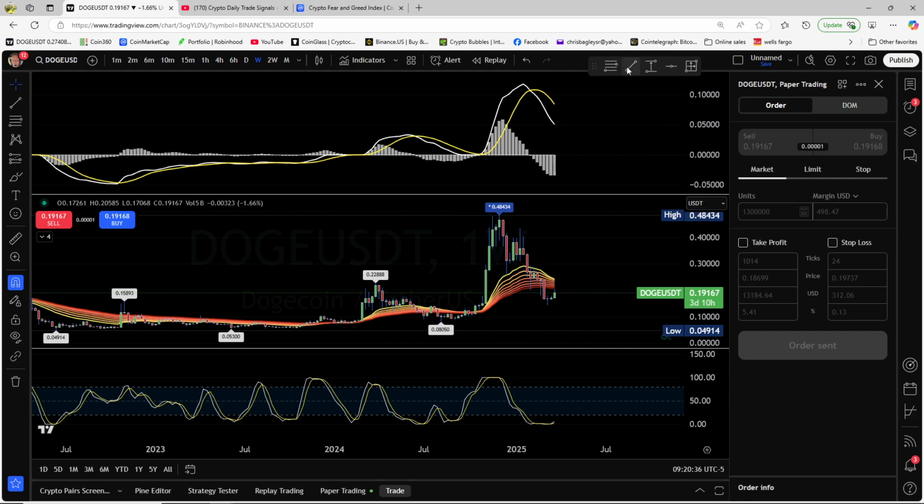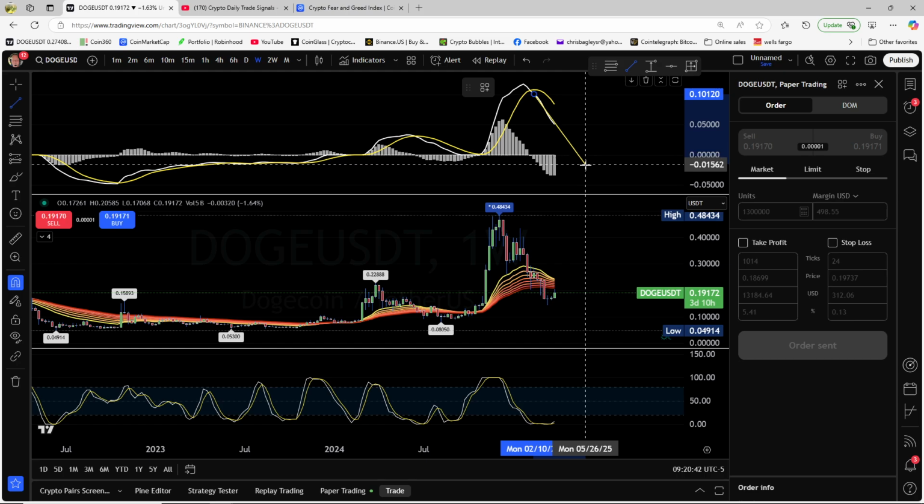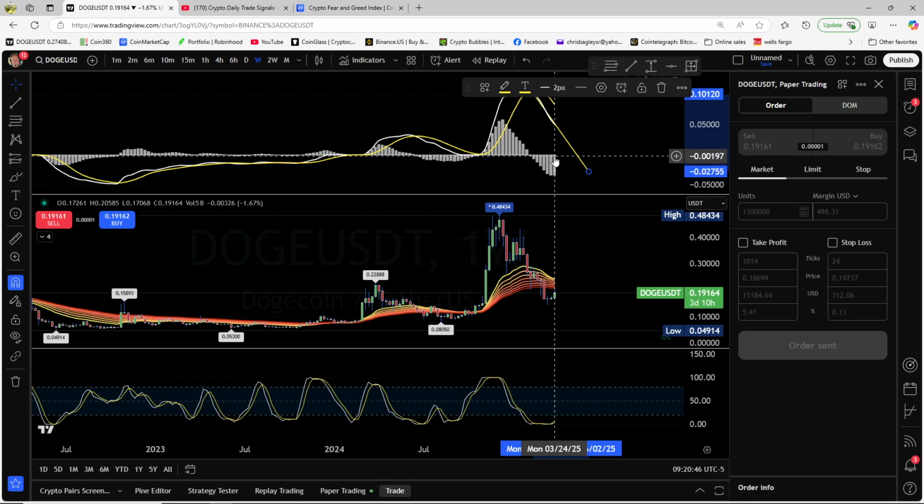Let's see, I can draw this out. If I put a line from here and follow that down to the midline. Okay, we're looking at probably about the middle of May.